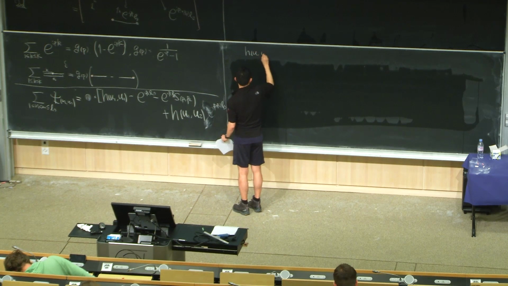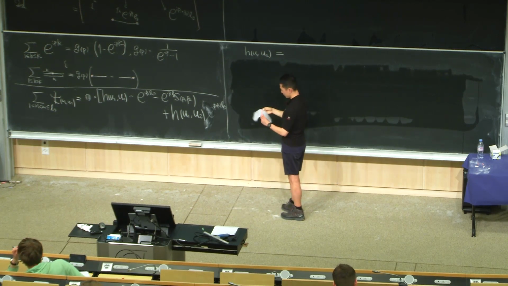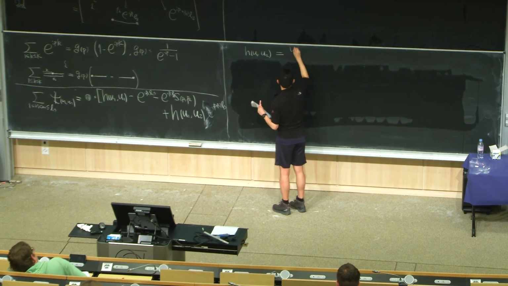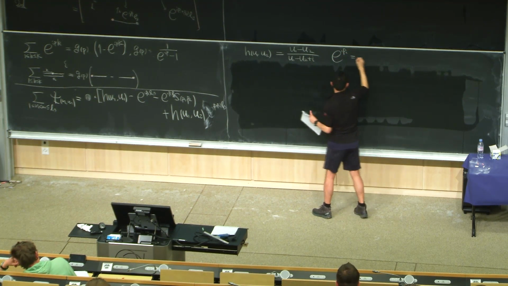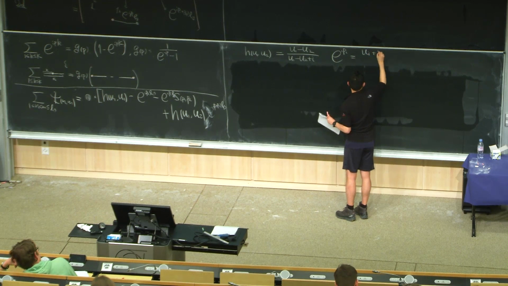The definition of this H is as follows. If you have u1 and u2 here, the definition of H is (u1 minus u2) over (u1 minus u2 plus i). And here I used the rapidity variable I introduced earlier.